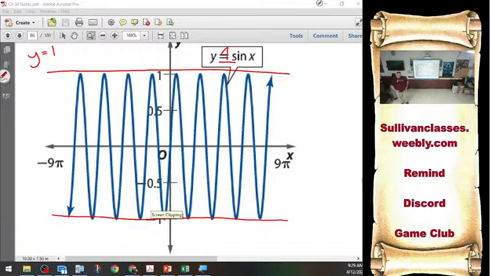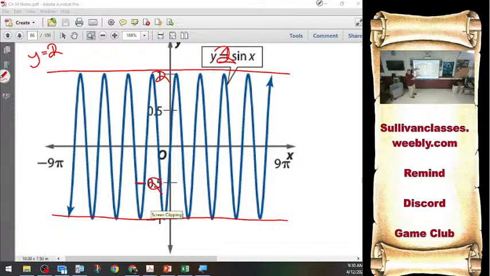Which is why we end up with those boundaries of plus or minus 1. Or remember when we have our amplitude change? What if there's a 2 in front of this? Y equals 2 is the line plus or minus 2. Whatever is in front of the trig function is your asymptotic boundary on either side of it.